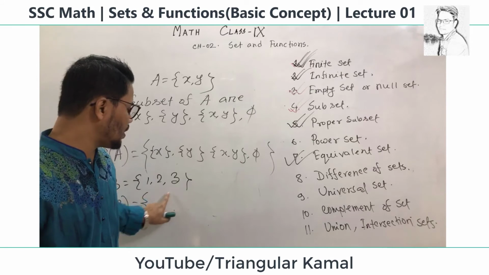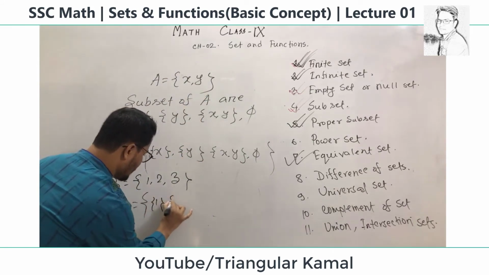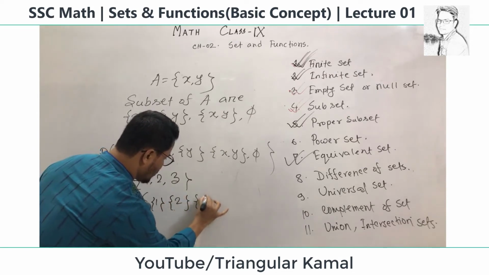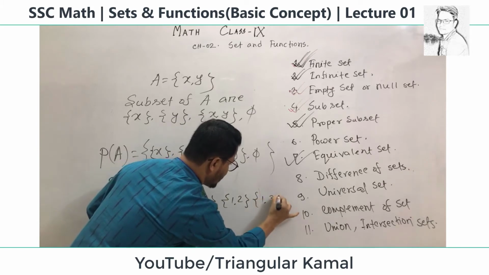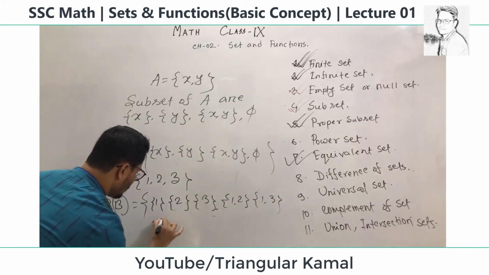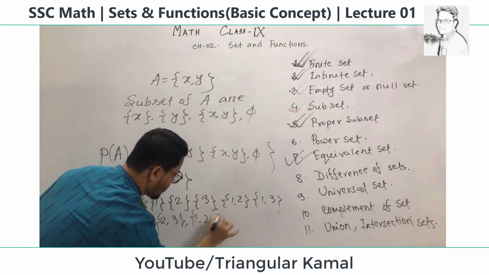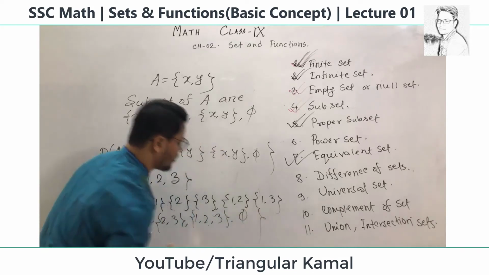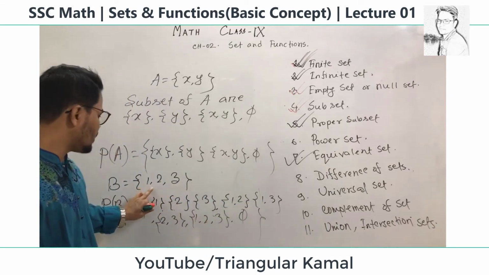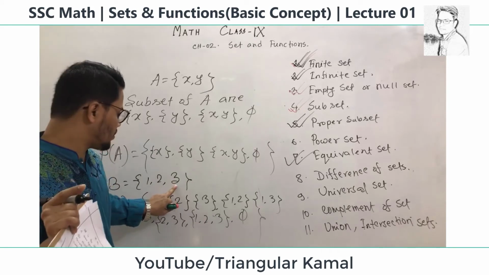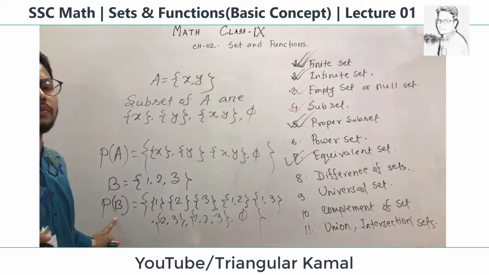Total number of 8 subsets we will count here. There will be 1, 2, 3, 1 2, 1 3, 2 3, 1 2 3, and the empty set. দেখো 1 2 3 4 5 6 7 8, এই সেট থেকে আমরা যে 8টা সাবসেট আসবে, এই সাবসেটগুলো নিয়ে যদি আমরা আরো একটা সেট ফর্ম করি, this one will be power set.